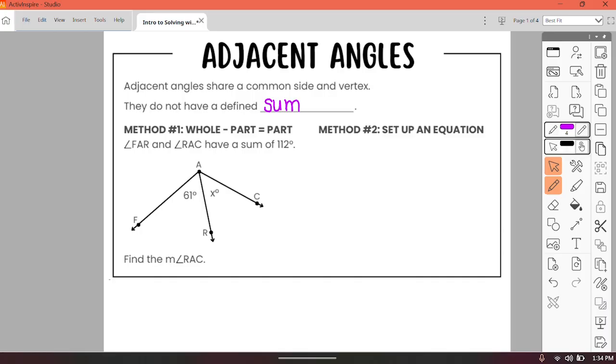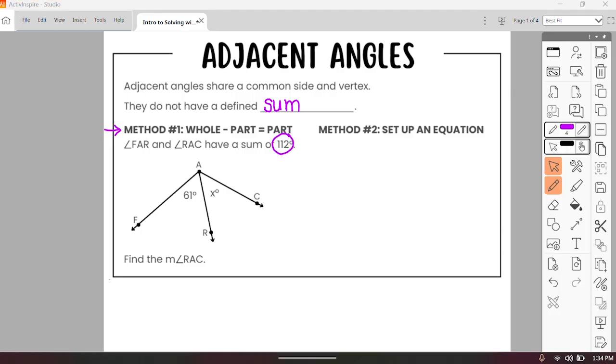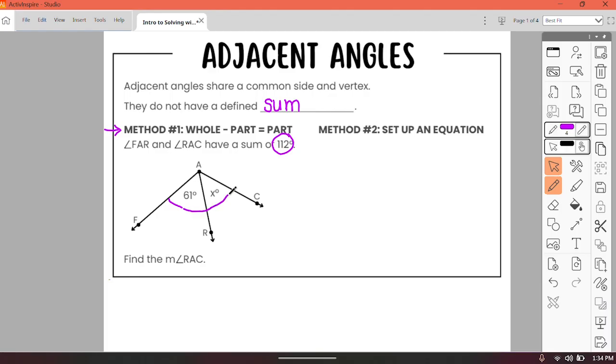Okay, so if we look at this question over here, I'm going to start with method one. It says that these two angles have a sum of 112 degrees. So that means this whole thing is 112 degrees. And we know that the left side is 61, so our job is to find the right side.